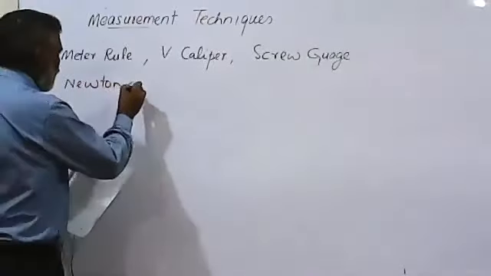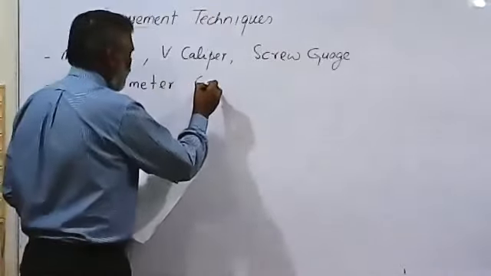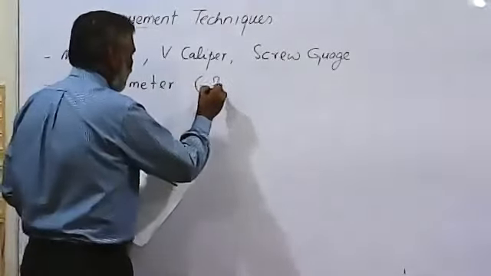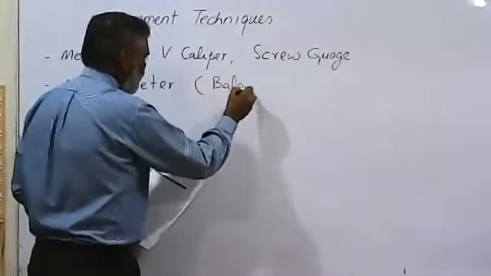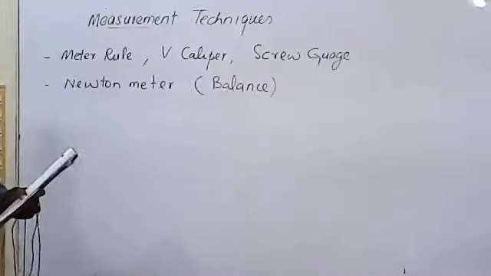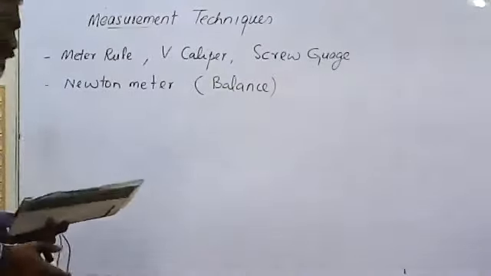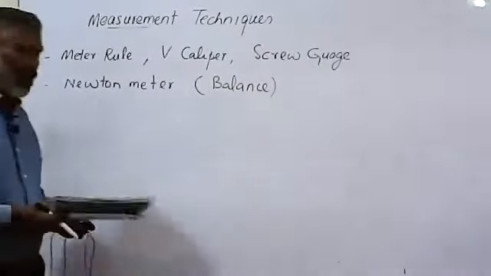Newton meter or any other balance, electrical or physical, which tells us the weight or mass of an object. We might be using an electronic balance in the lab to see what mass an object has.